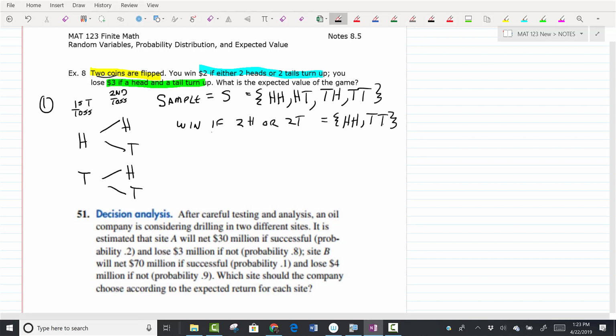So that's what that probability means. All right, so the probability of losing would be if you got what? If you got one of each, head, tail, or tail, head. The game says you win $2 if 2 heads or 2 tails turn up, otherwise you lose. Okay, you with me so far?